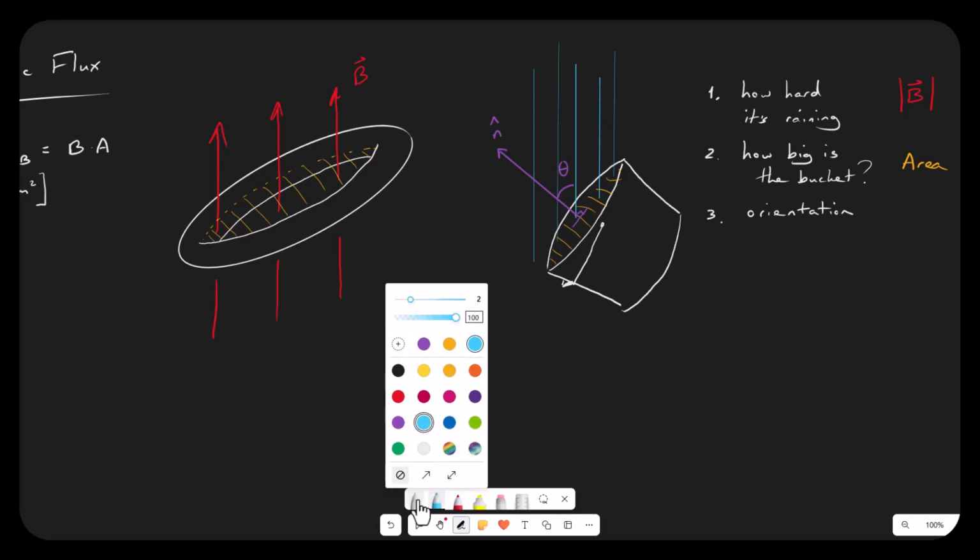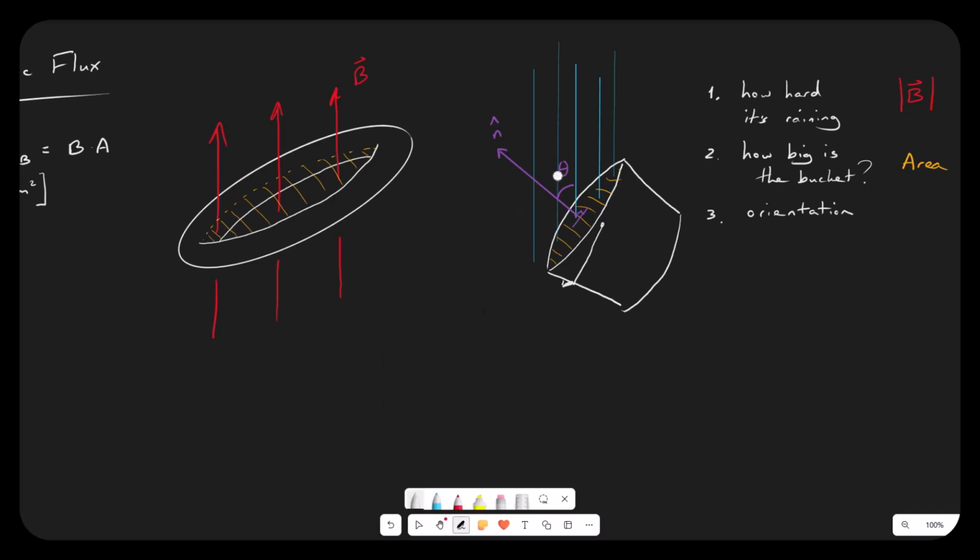What I can see right away is that when that angle is 0, my bucket is facing straight up and down. I would like 0 to be the angle that gives me the most flux, and I would like 90 degrees to be the angle that gives me the least. So that sounds like a cosine function. And that's really it. That's my magnetic flux.